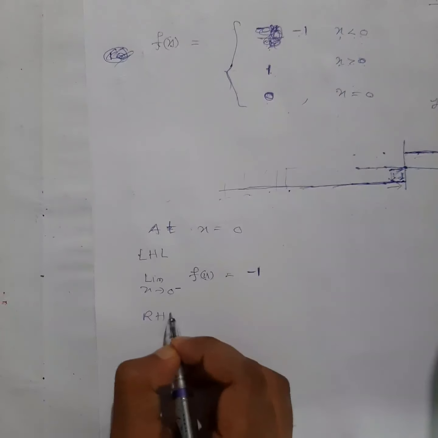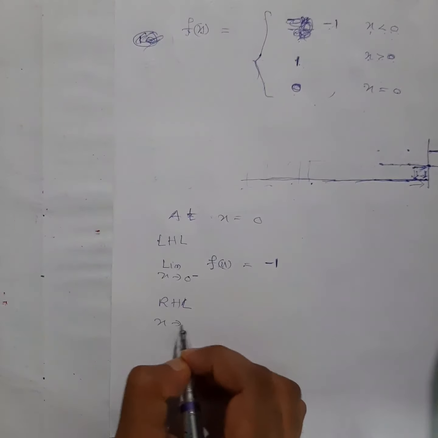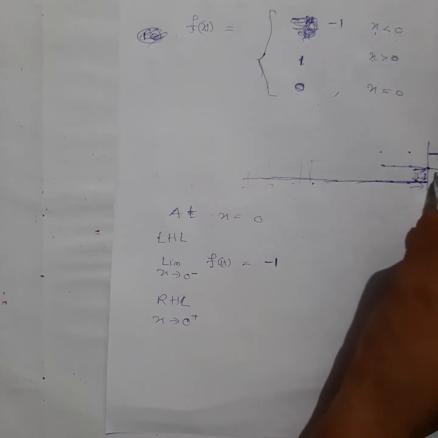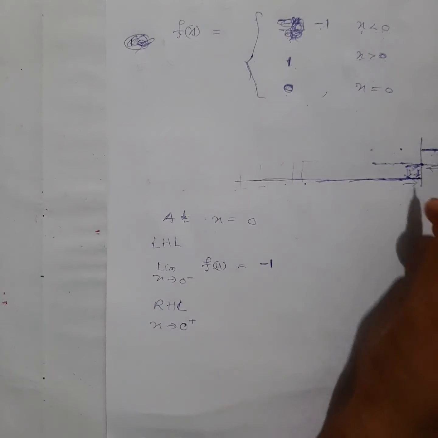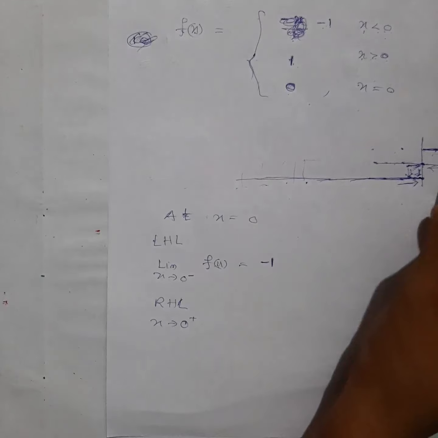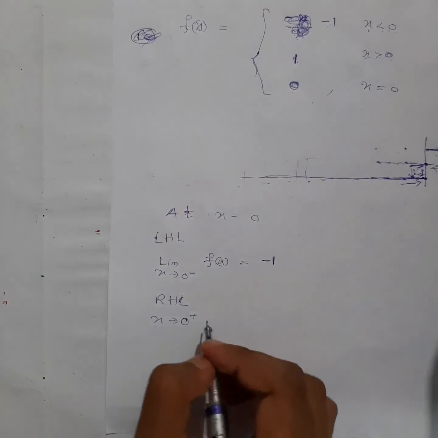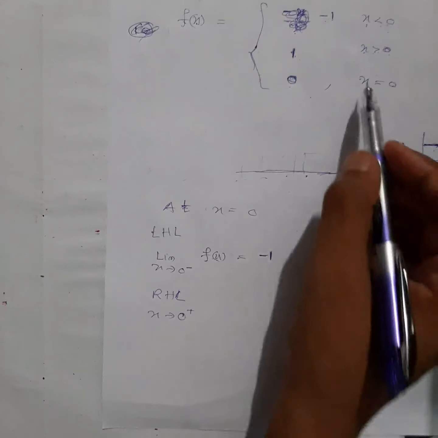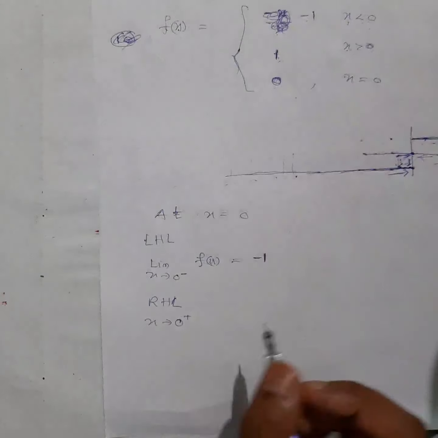Now next, right hand limit. As your x tends to 0 plus, from the right if you approach towards 0, where will your f(x) tend? So from this side it is approaching towards this minus 1. From this side you will see it will approach towards 1. So let's find out. 0 plus means greater than 0, we have to take values, right? So for greater than 0, this is the function.